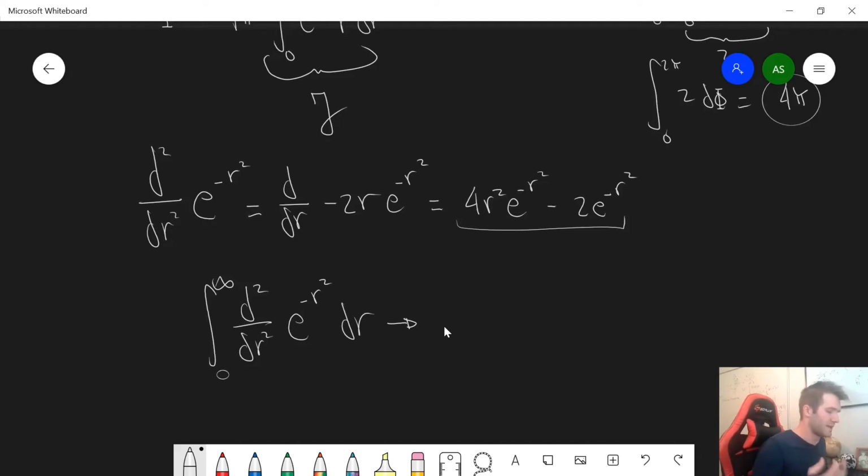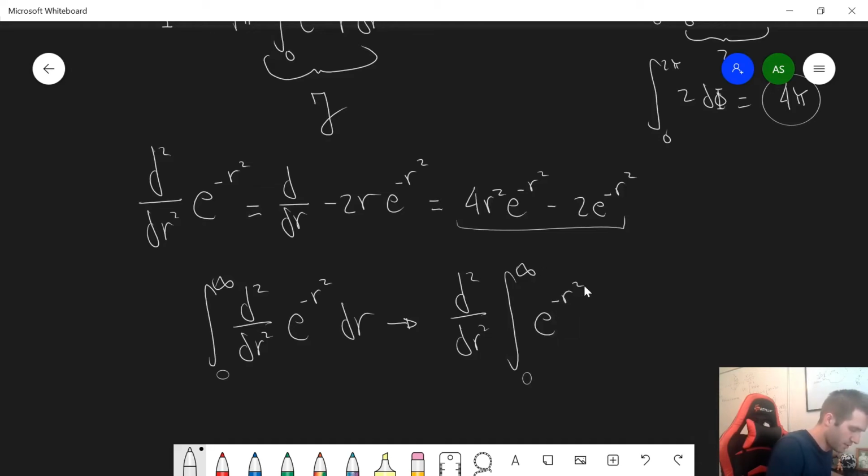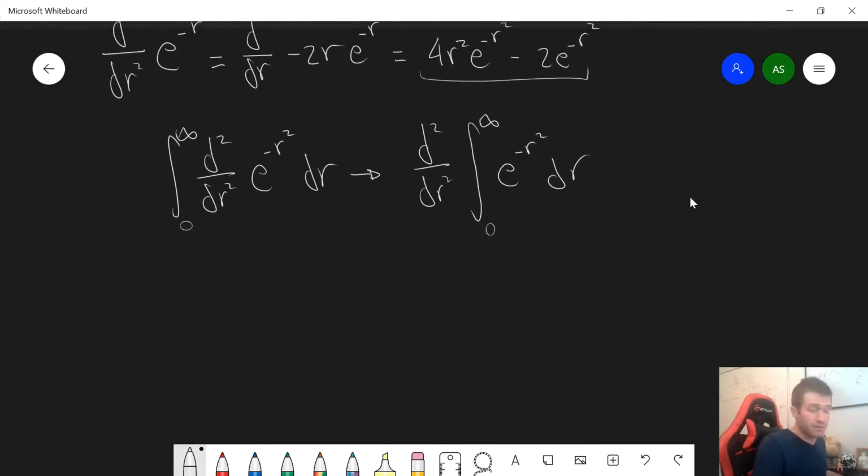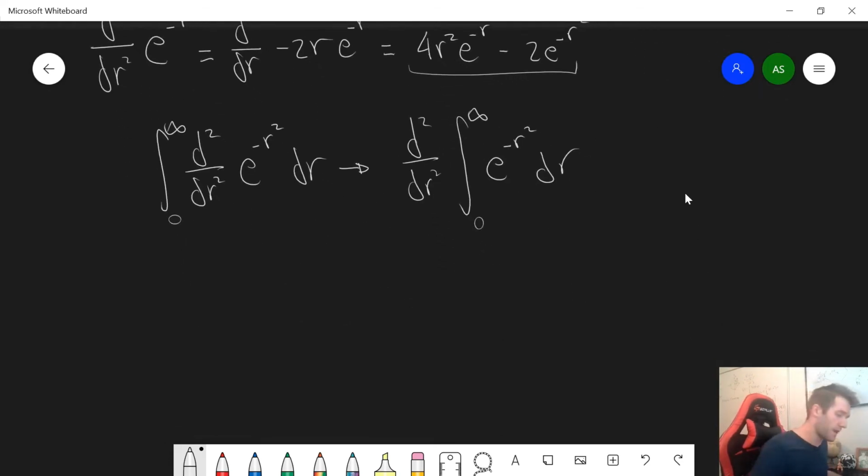And what this ends up giving us is d squared over dr squared of our integral from 0 to infinity of e raised to the negative r squared dr. Well, if you evaluate this integral, you just get a constant. And if you take the second derivative of a constant, you get 0. So that is just 0.